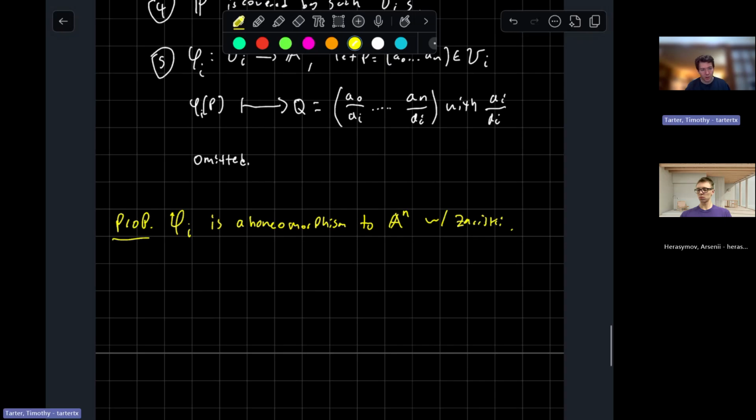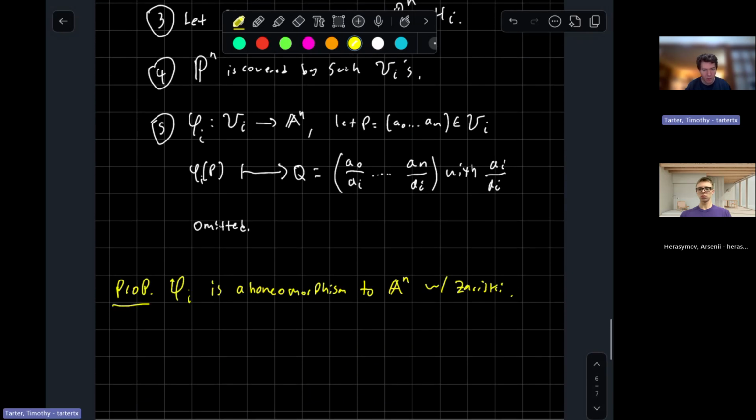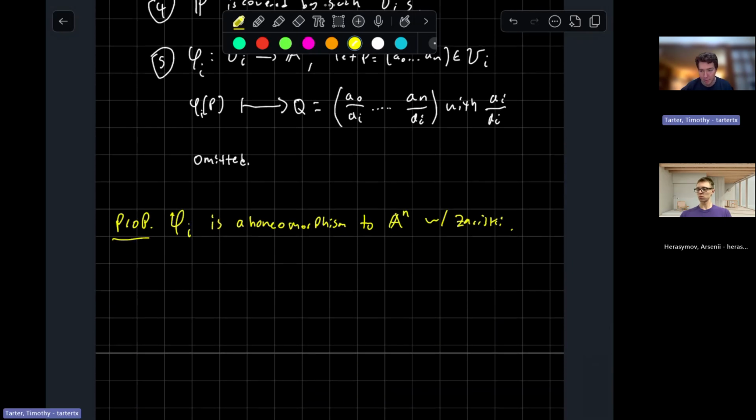Okay, what is a homeomorphism? Well, a homeomorphism is a bijective continuous map, and it's a bijective continuous map that preserves open sets. So open sets U_i are open in the Zariski topology on the affine n space, and vice versa. So we have inverse images of open sets are open. We also have that images of open sets are open, and it's bijective.